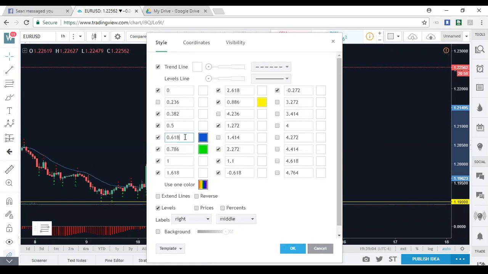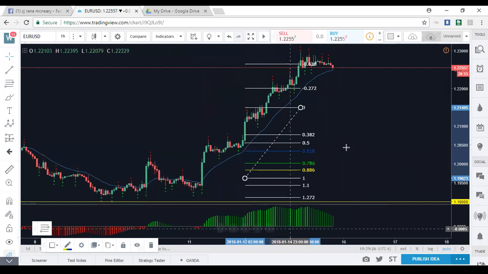Go to format or go to properties of the Fibonacci tool, and the ratios we're going to be adding are the 0.786 and the 0.886. These are two levels where we like to set pending orders.